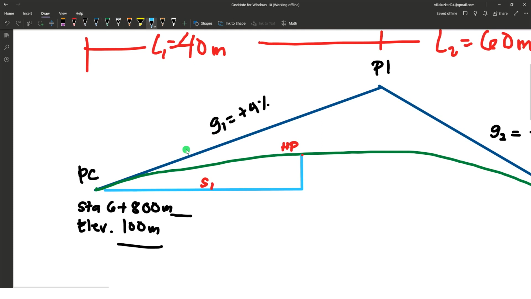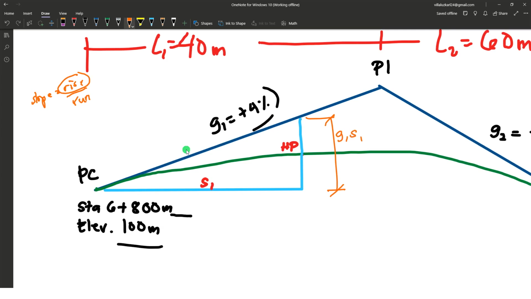Okay. So given the slope of G1 and the horizontal distance, we can determine this total vertical distance, which is, recalling again, the slope is rise over run. We can determine rise by multiplying the slope, which is g1, by the run, or the horizontal distance, s1. So we can determine this vertical distance here.